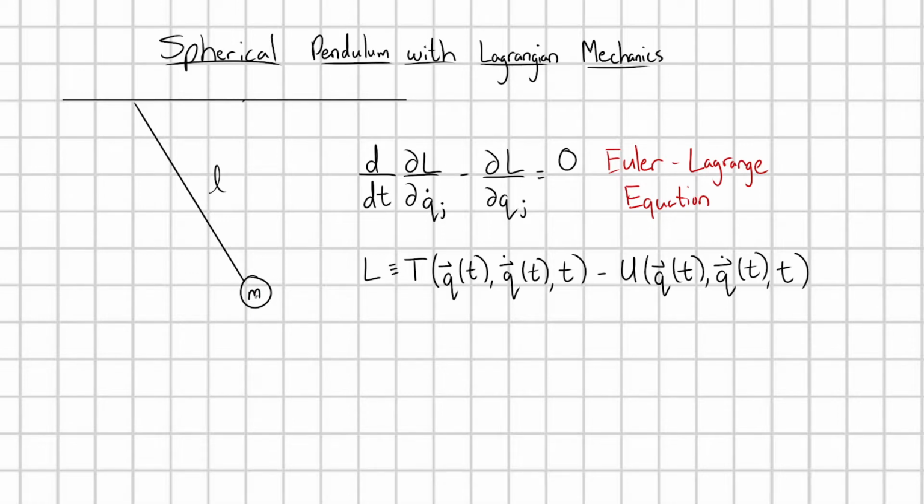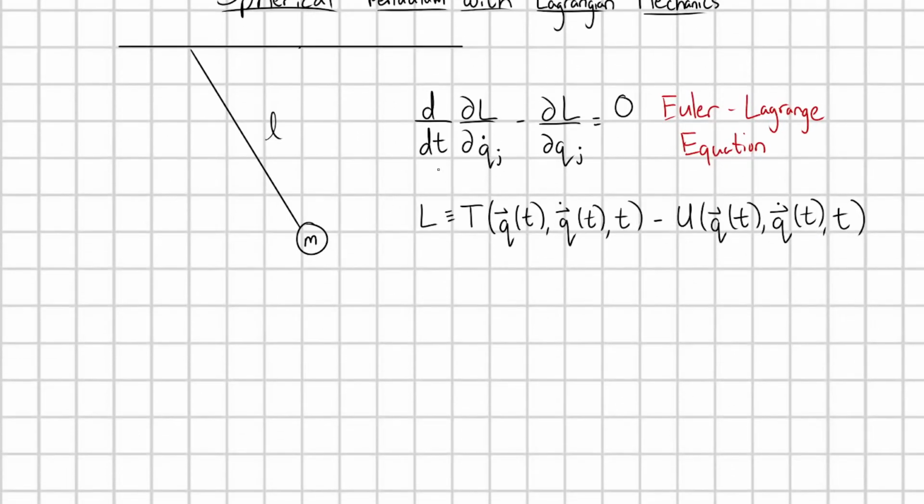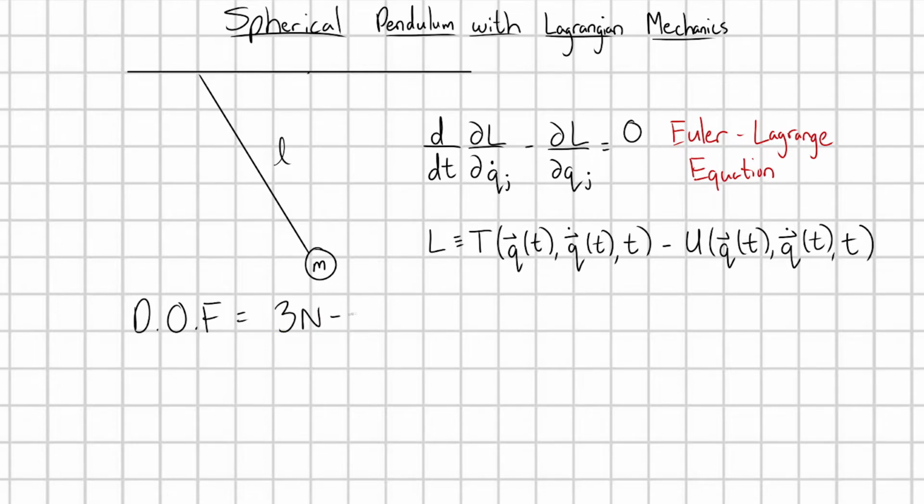So the first question we need to ask is how many coordinates do we need to represent the motion of this pendulum, right? We always start by figuring out the degrees of freedom of our system. The degrees of freedom are equal to 3n minus c, where c is the number of constraints in the problem.